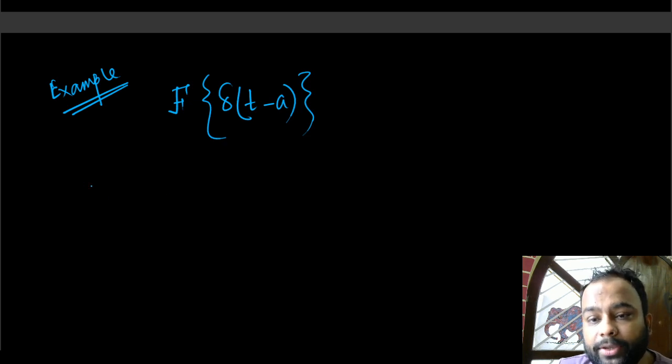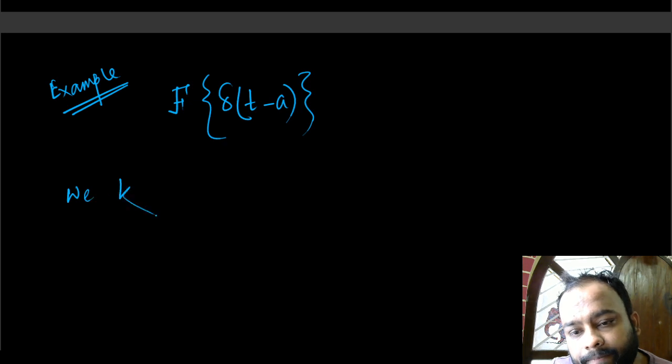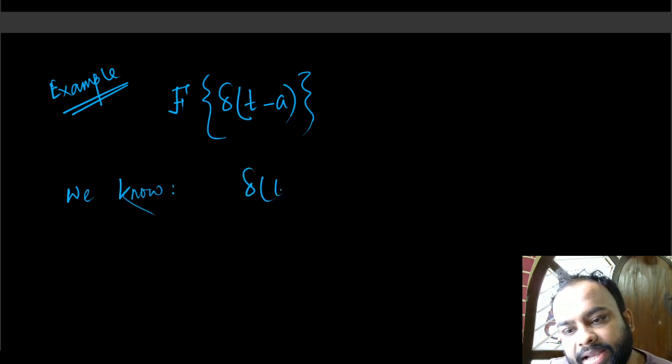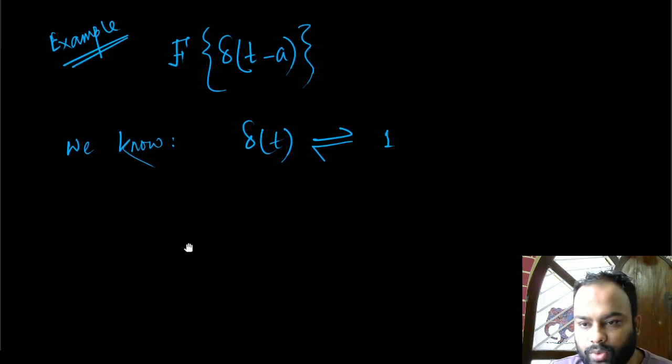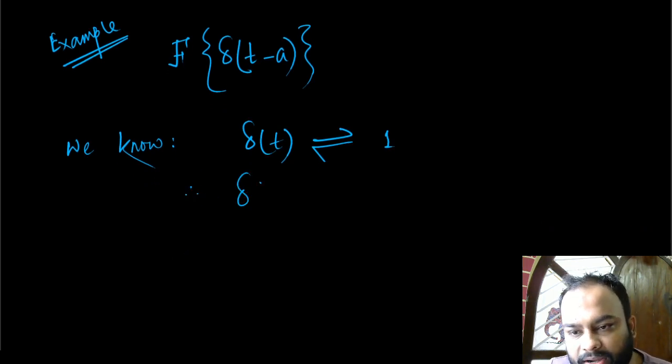So now if I use this property, what can I say? We know that the Fourier transform of delta(t), what was the Fourier transform of delta(t)? That's just 1, right? Then from the time shifting property, what is the Fourier transform of delta(t minus a)?